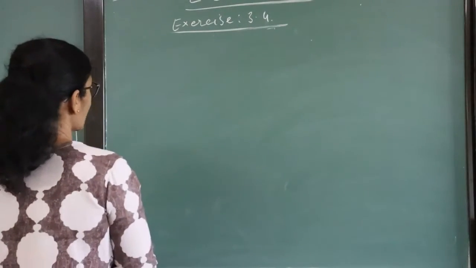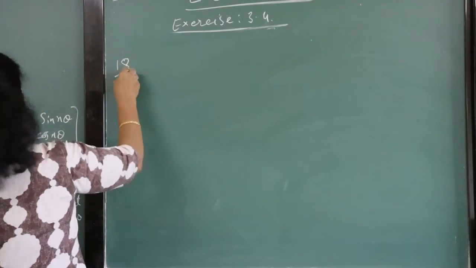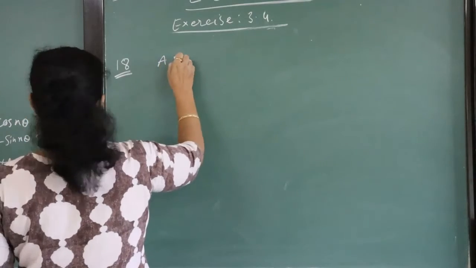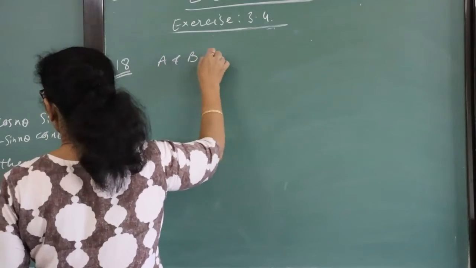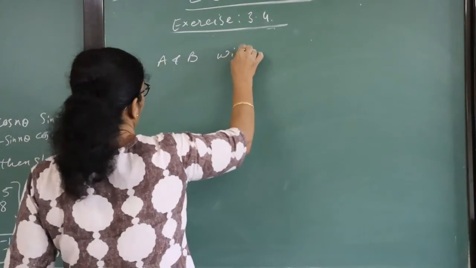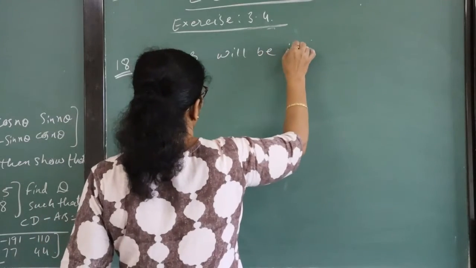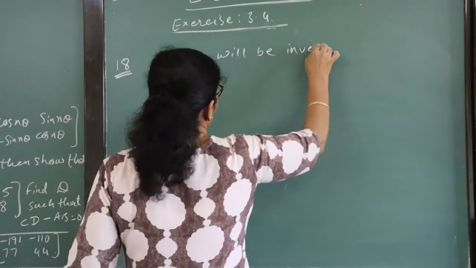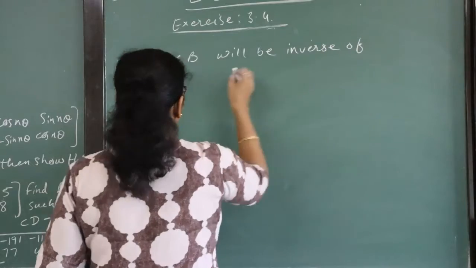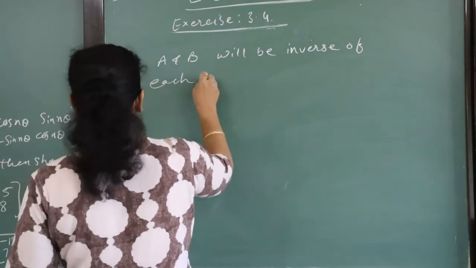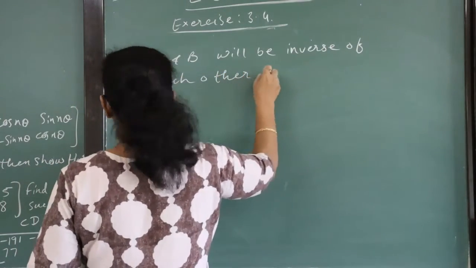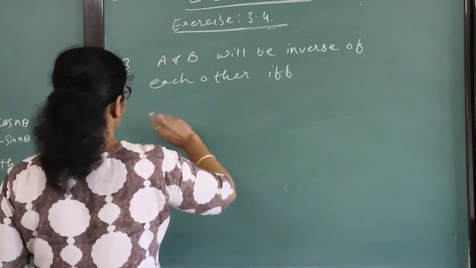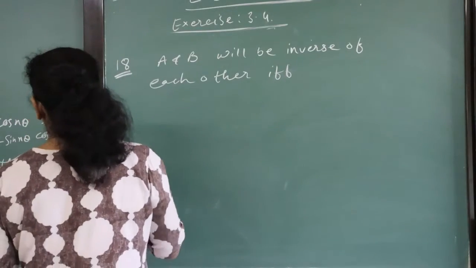Okay, your 18th question is: A and B, two matrices are given, will be inverse of each other if and only if, when is it possible?